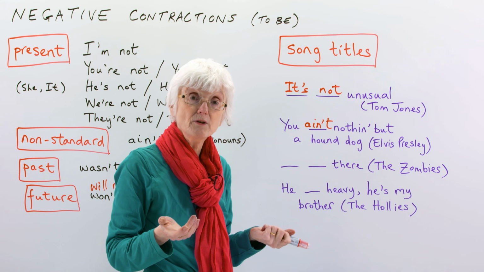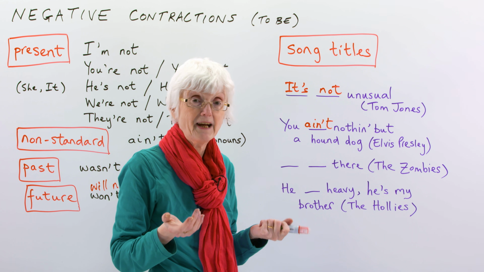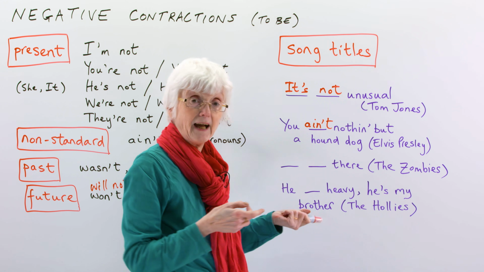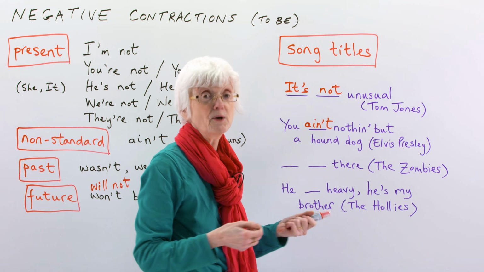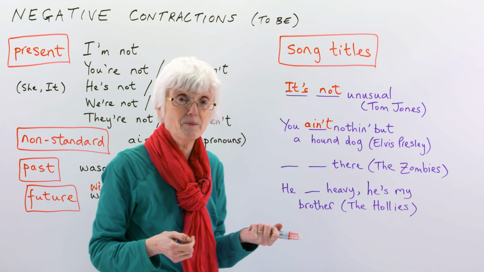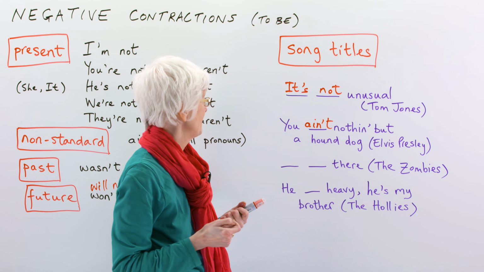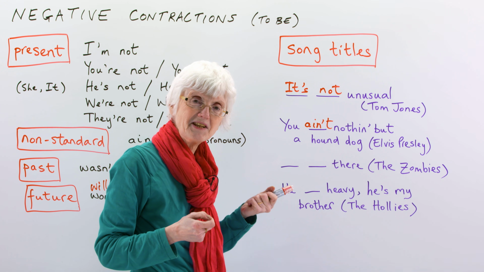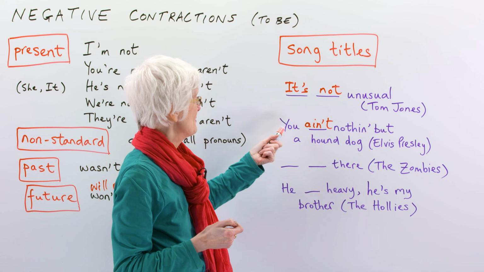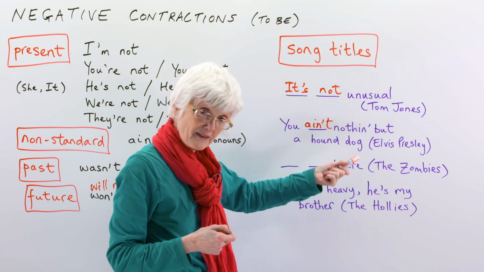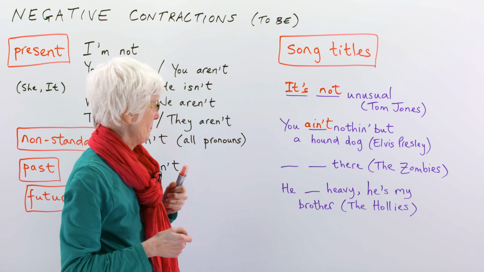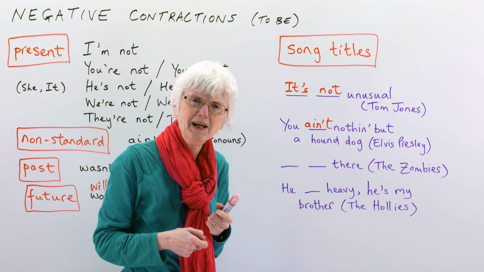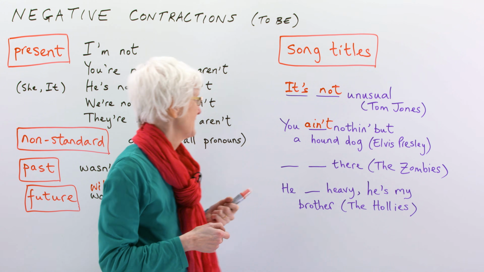So that just proves I was wrong about the London area and the UK. Elvis Presley used this as well in America. So ain't is used in America. So, okay, I should have realised that. So, you ain't nothing but a hound dog, right? Crying all the time, I think it goes on.